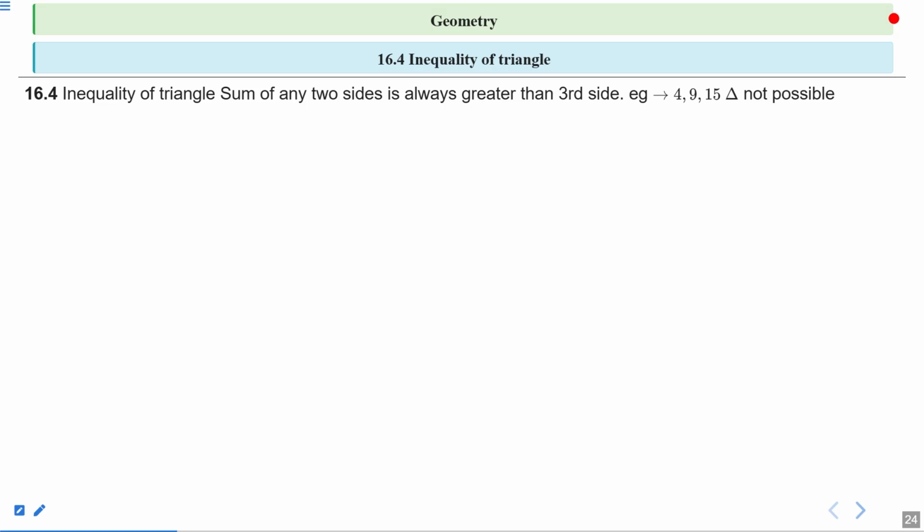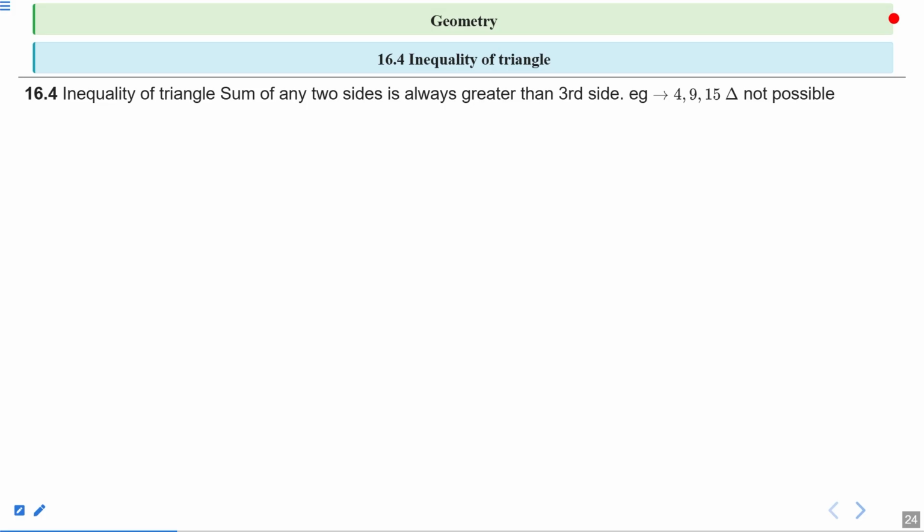Next one, the inequality of a triangle: the sum of any two sides is always greater than the third side. For example, 4, 9 and 15: if we try to make a triangle, it is not possible, because when we add 4 plus 9, it becomes 13, and the third side is 15 units.